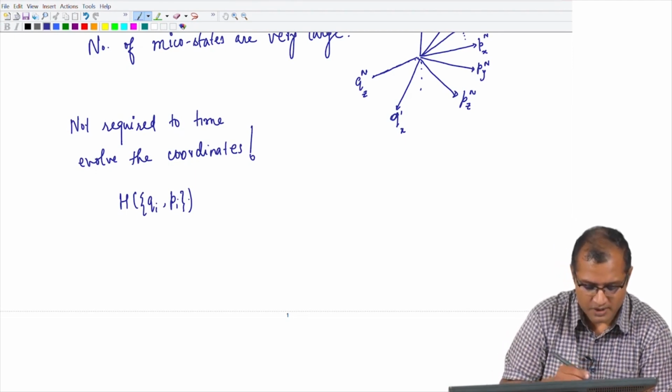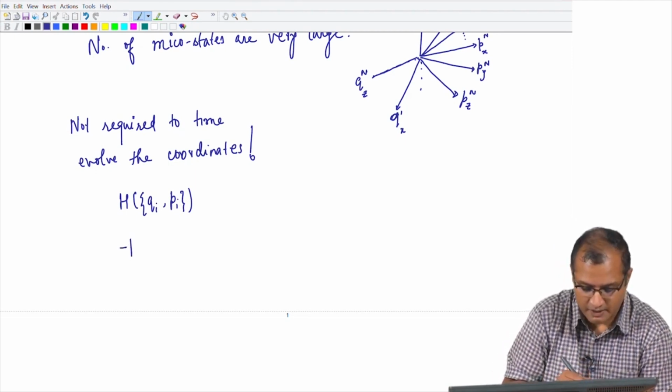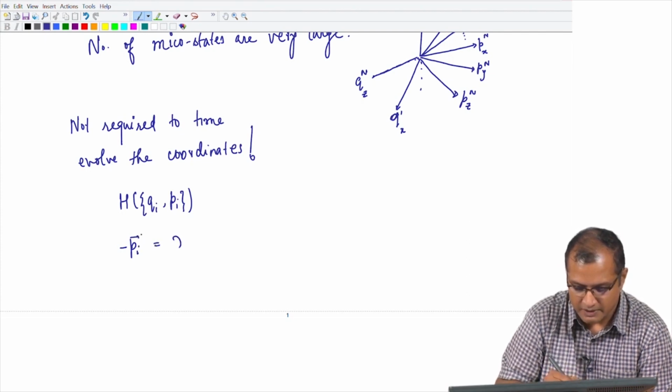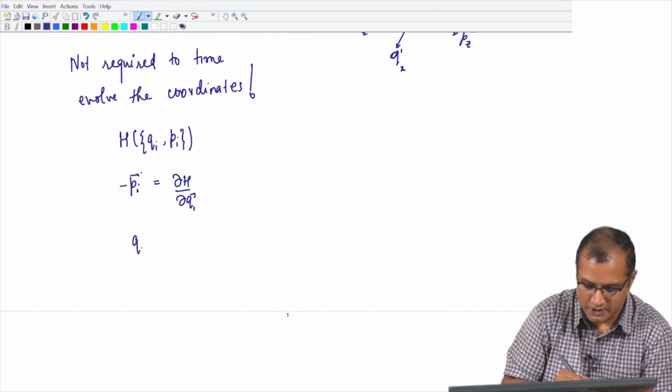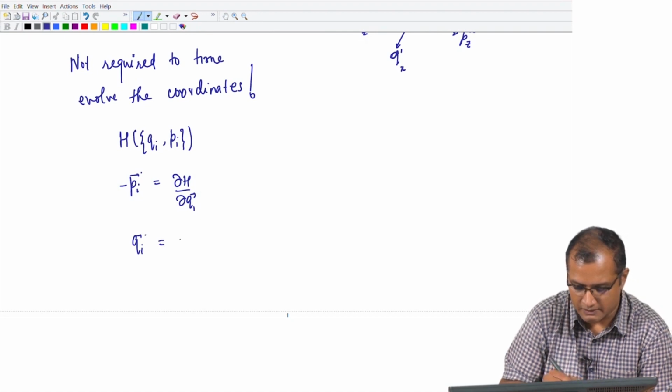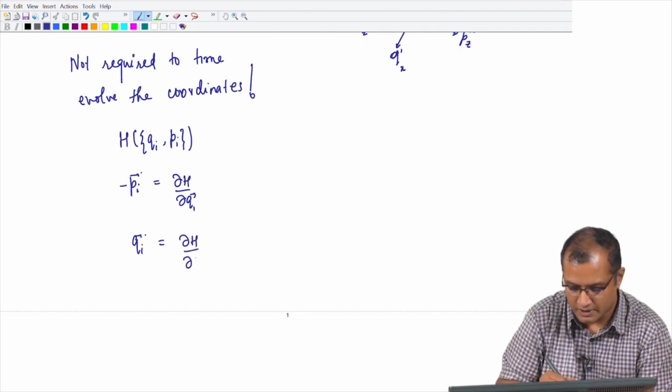So, the equations of motion that you start with are basically p_i dot = -∂H/∂q_i and q_i dot = ∂H/∂p_i.